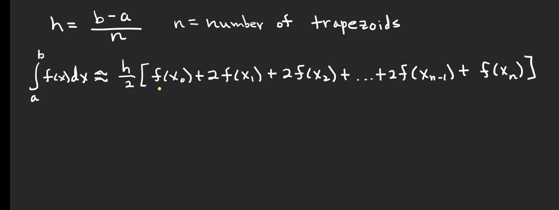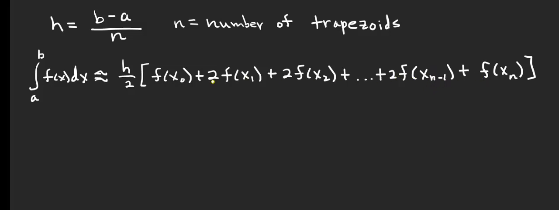So we could say that the integral of f of x from a to b is approximately h over 2 times the quantity f of x0 plus 2 times f of x1 plus 2 times f of x2 and all the way up to f of xn, where n represents the number of trapezoids. So n minus 1 is the previous term. If n is 4, then this one will be x3.